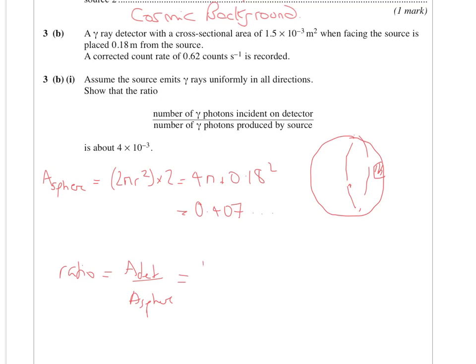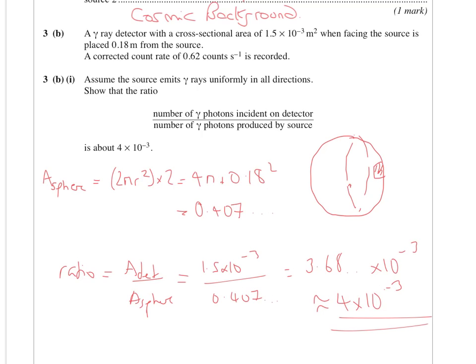The area of the detector is 1.5 times 10 to the minus 3, divided by 0.407, so let's type that in, 1.5 times 10 to the power of minus 3, divided by answer, which is 3.68 times 10 to the minus 3, which is approximately 4 times 10 to the minus 3. And it doesn't have a unit because it's just a ratio.